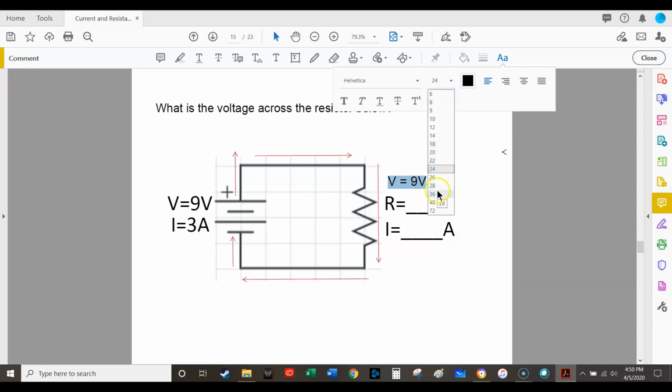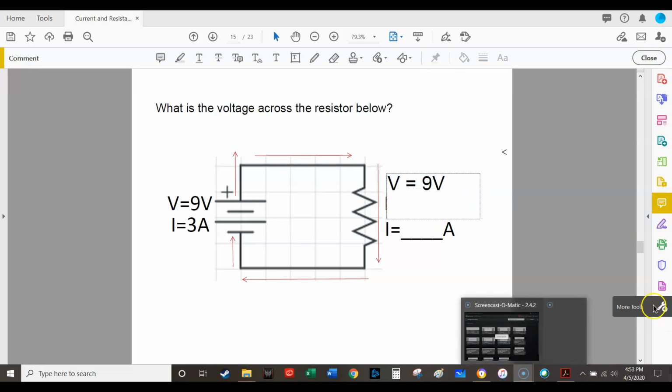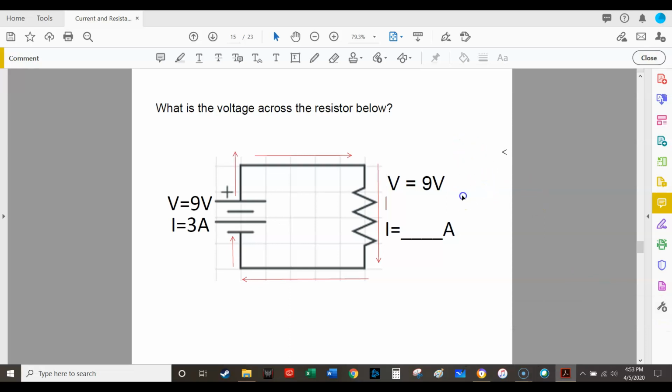Let's make it look like the other stuff here. There we go. So let's make this text box a little bit smaller so I can see the other things below it. And I'm going to move it. Here we go. So now we have the voltage that is being consumed by the resistor.